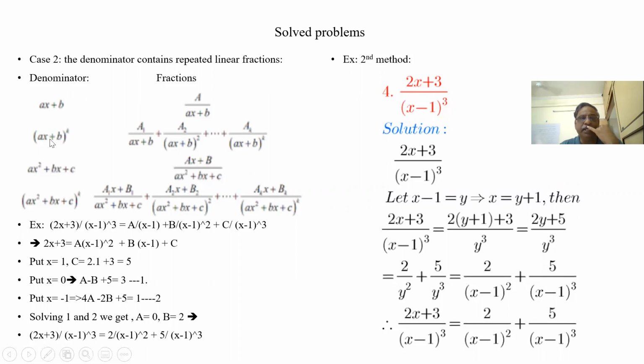If it is only linear, I should get it in terms of powers. That way we can distribute this function into 2, 3, or 4 different functions. One is ax plus b over this. What does it mean? This is nothing but b by ax square plus bx plus c plus ax by ax square plus bx plus c.